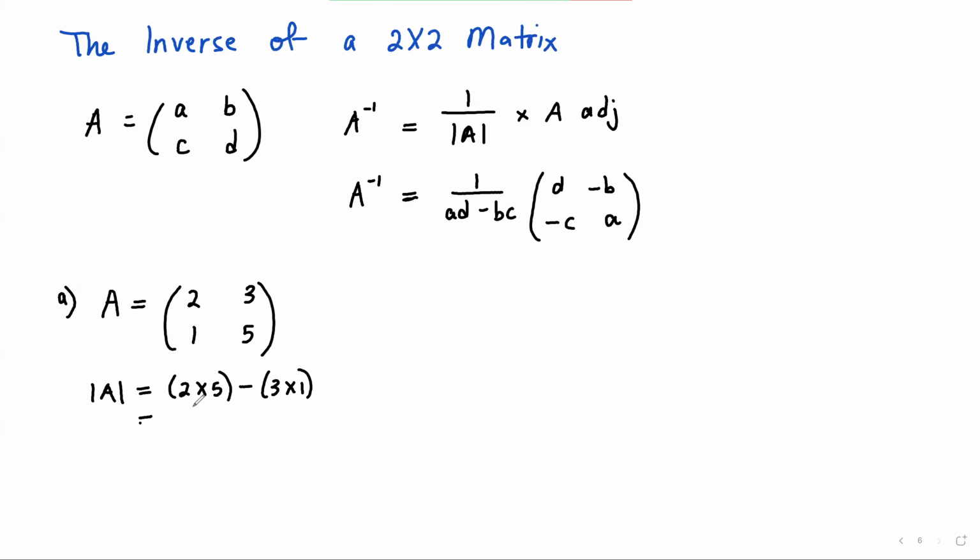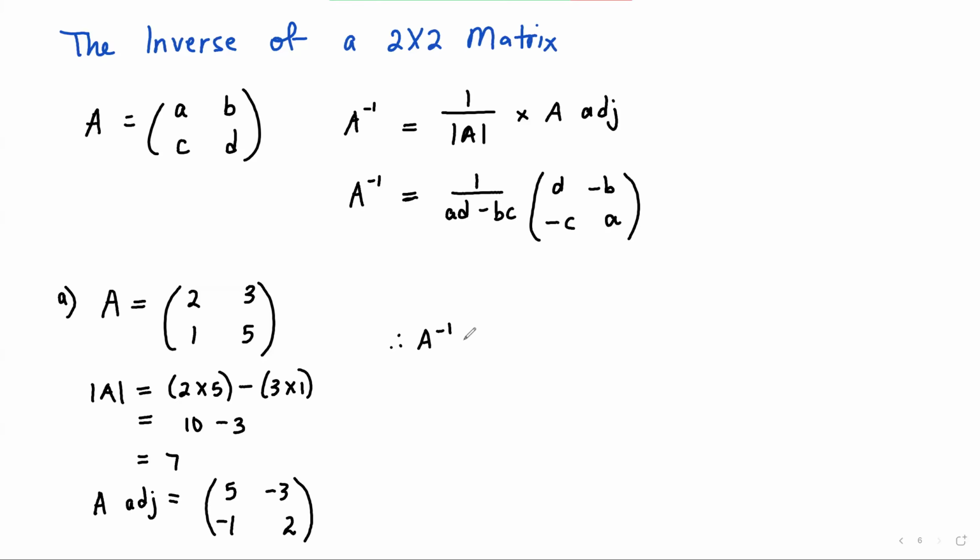That would give me 2 fives are 10, and 3 times 1 is 3, so 10 take away 3 is 7. The determinant is 7.